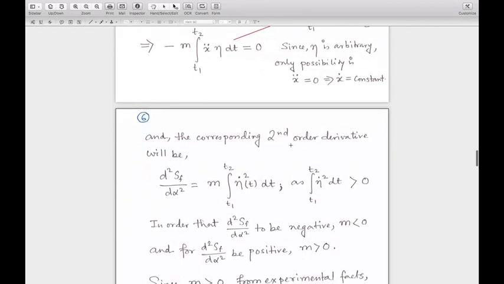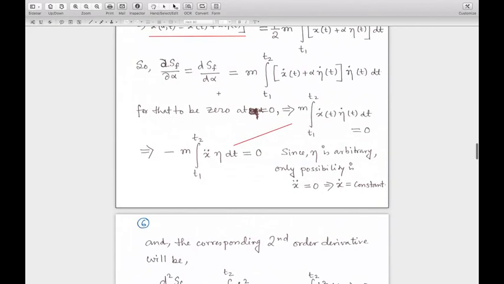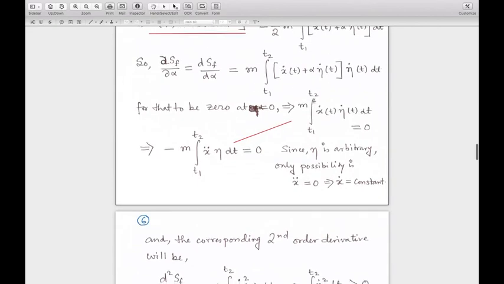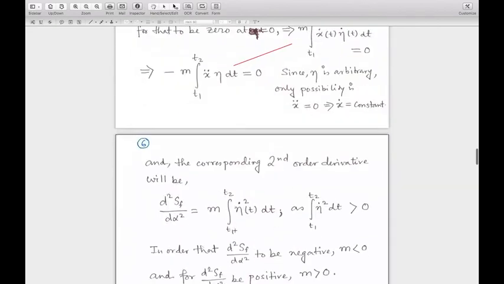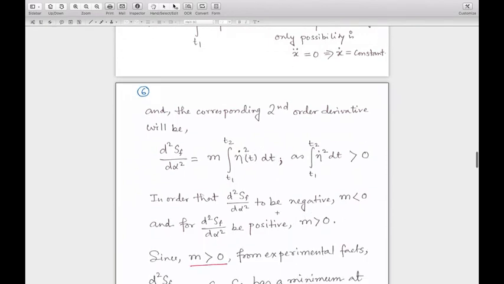Now what about the second order derivative? The second order derivative is d2S_f by d alpha squared. You integrate it once again, and you will have m times the integral from t1 to t2 of eta dot squared dt.